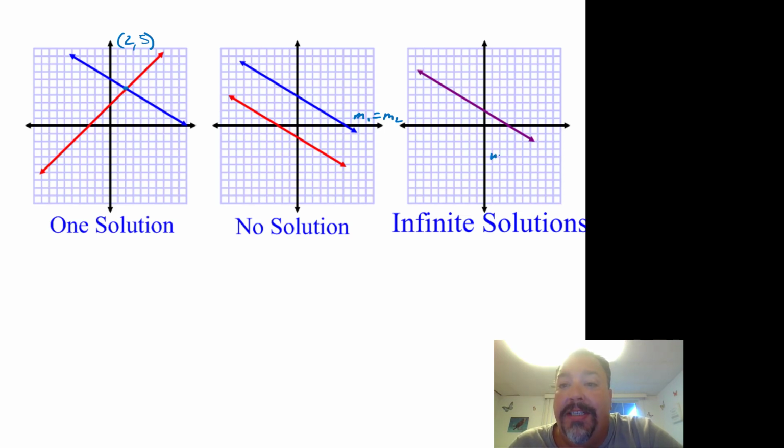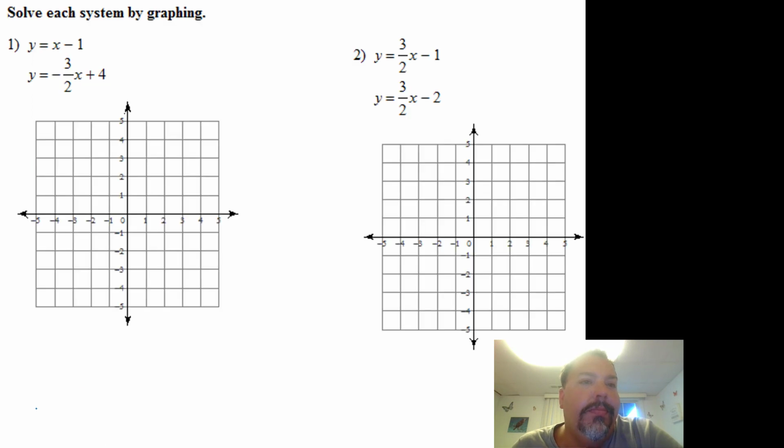The slope of the first line is equal to the slope of the second line, and it has exactly the same y-intercept as well. So those are the three cases. We can have one solution, which is a point with an x and a y coordinate, or no solutions because the lines are parallel, or infinite solutions because they're actually the same line.